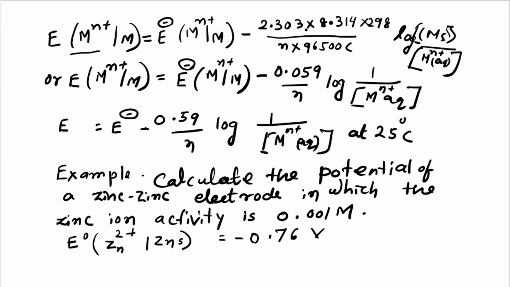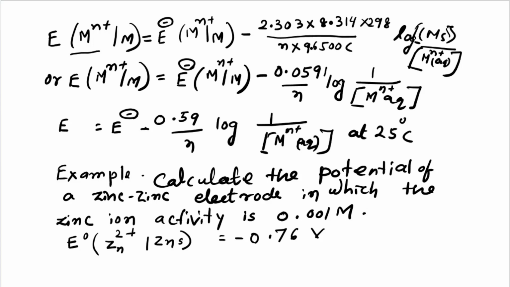Remember, these three multiplied together give a constant value. Instead of writing this long value, simply write 0.0591, and this is divided by n, where n means number of electrons.